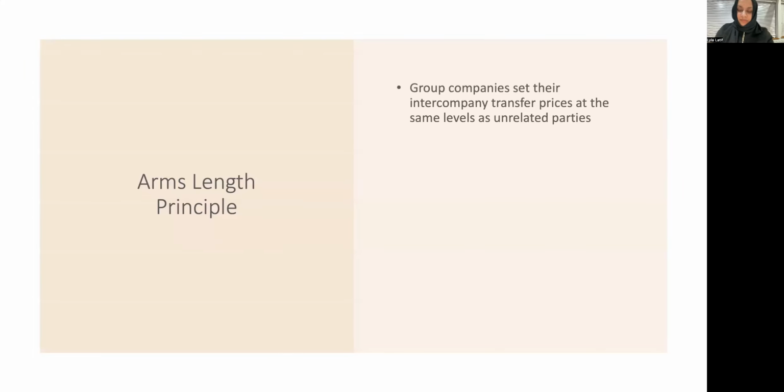Now, under the arm's length principle, and you have seen this over the course of the days, group companies aim to set their intercompany transfer prices at the same levels as unrelated parties. The arm's length principle considers the functions, assets, and risks of the parties to the transaction in determining the arm's length pricing.